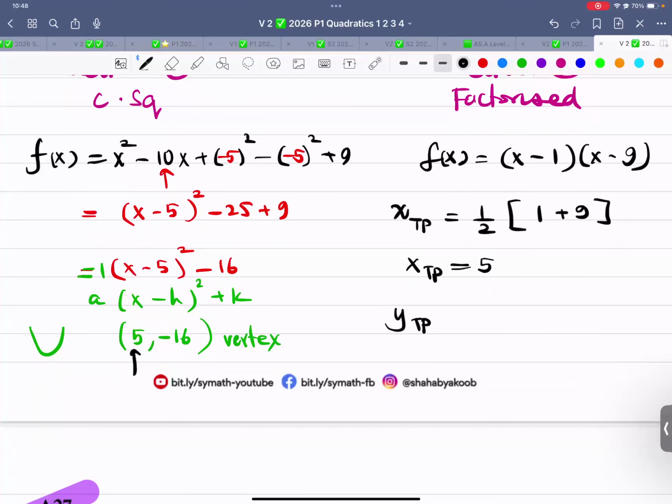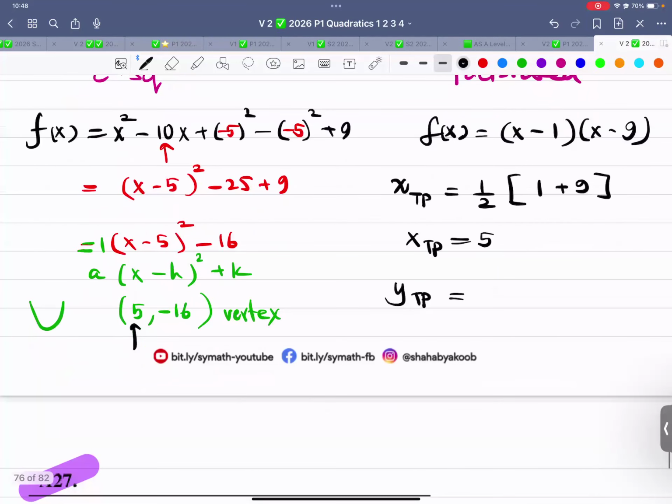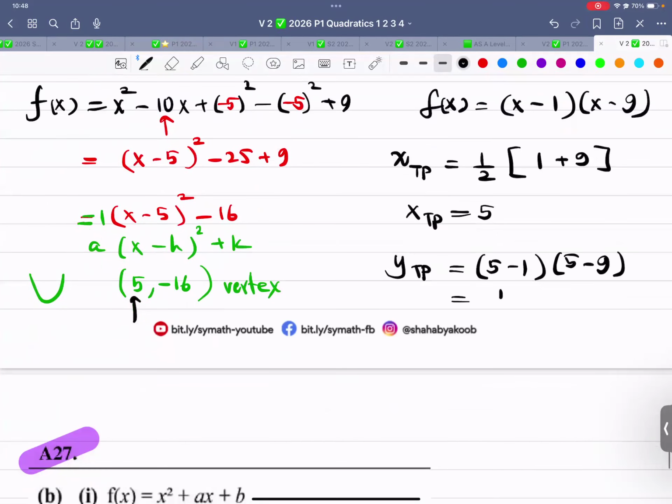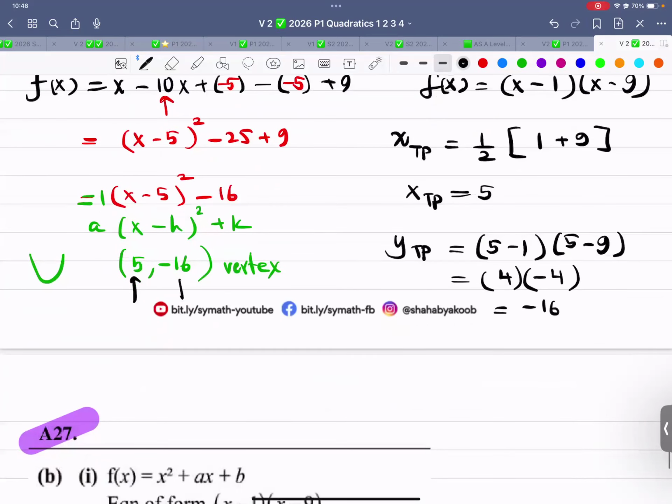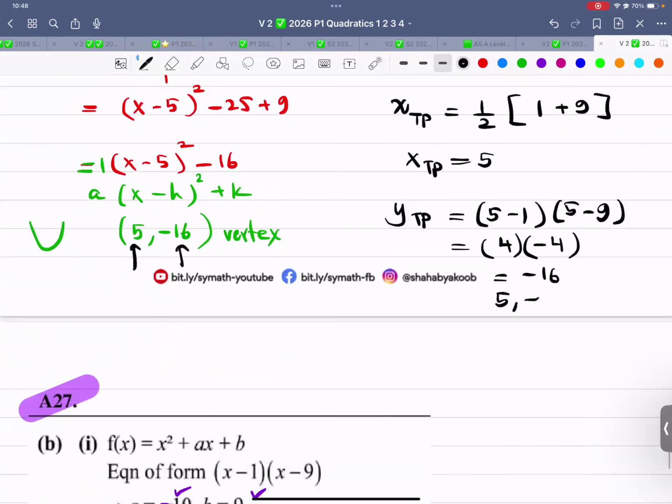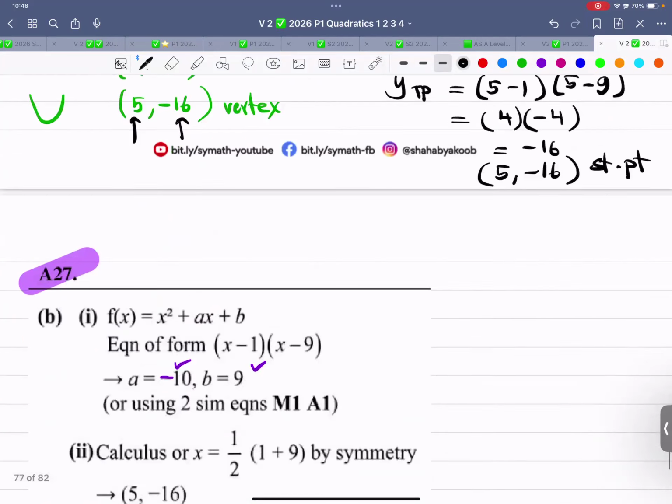For the y coordinate of the turning point, plug in the equation. So this is 5 minus 1, 5 minus 9. 5 minus 1 is 4. And 5 minus 9 is negative 4. 4 times negative 4 is negative 16, exactly over here. So 5 and negative 16, that's the coordinate of the stationary point, also known as vertex, also known as turning point. All good?